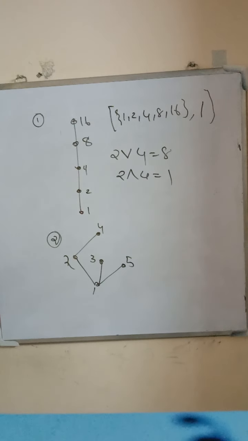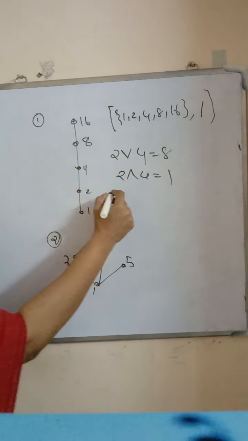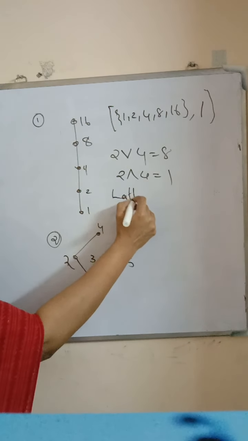If we choose any pair of elements, we get a least upper bound and also a greatest lower bound. Therefore, this partially ordered set is a lattice.